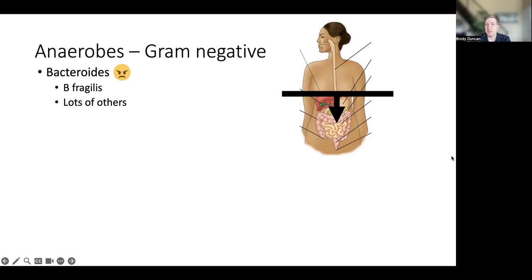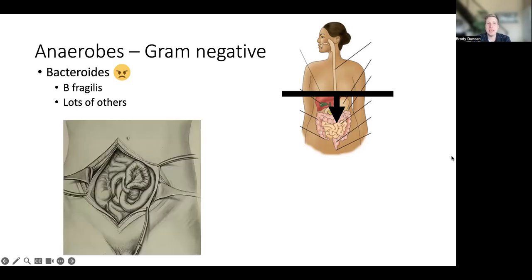And he is not our friend, even though he's part of our normal flora. If you let it just sit inside your intestines, it's not a big deal. But as soon as you start to open things up, for example, with surgeries, there's an opportunity for these bacteria to go where they're not supposed to, which is outside of the intestinal lumen. And from there, they can cause quite a lot of aggressive infections.